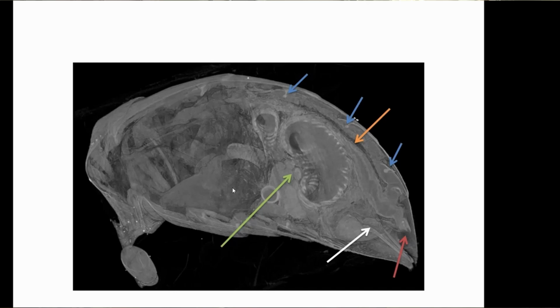So now, looking from the side, I'm going to be suggesting that this black structure shown with the yellow arrow is actually air in the heart. If this was a human, you'd say this was an air embolus. We're also seeing the abdominal aorta.